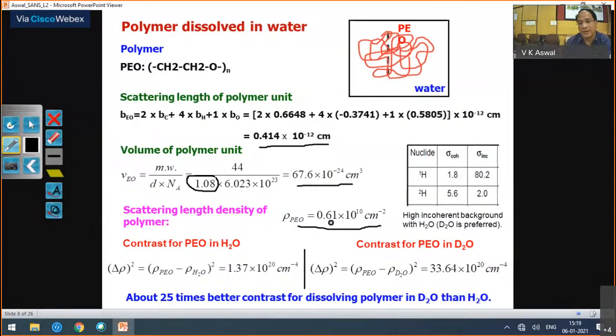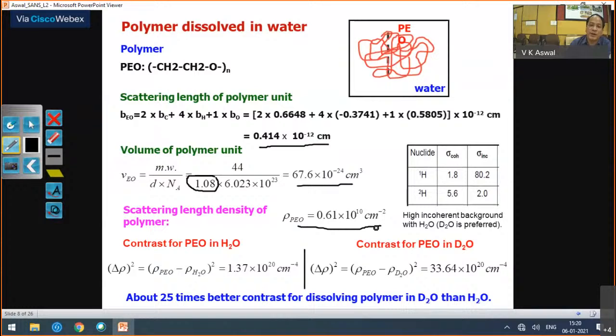So you can see the scattering length density of the polymer, which is hydrogenous, is this one, 0.61 into 10 power 10 centimeter minus 2. The scattering length divided by volume, so the unit is centimeter minus 2.